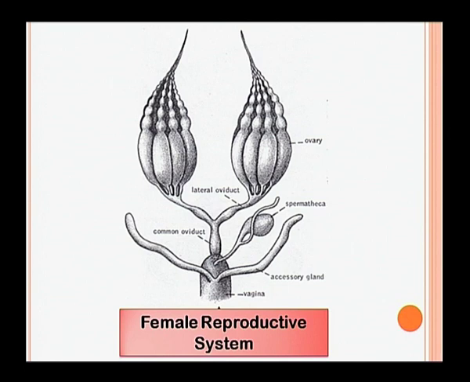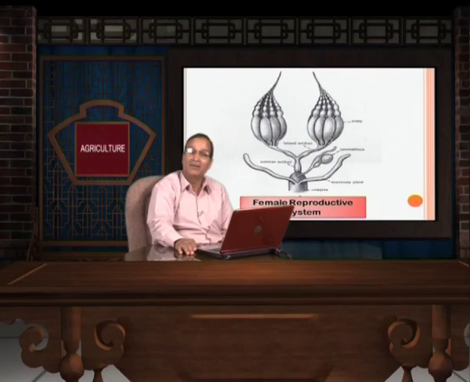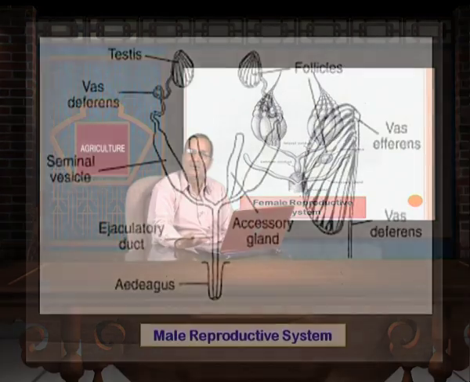You must have seen that some eggs are laid on the surface of the leaves, some are laid on the surface of the fruits or leaves, but some species of insects lay eggs in the soil also. So, all these structures constitute the female reproductive system.